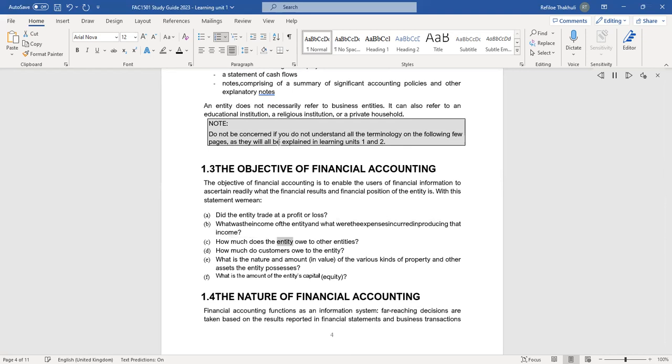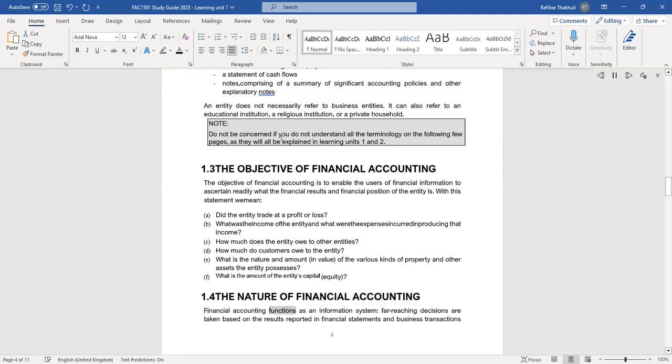How much does the entity owe to other entities? How much do customers owe to the entity? What is the nature and amount, in value, of the various kinds of property and other assets the entity possesses? Equity.